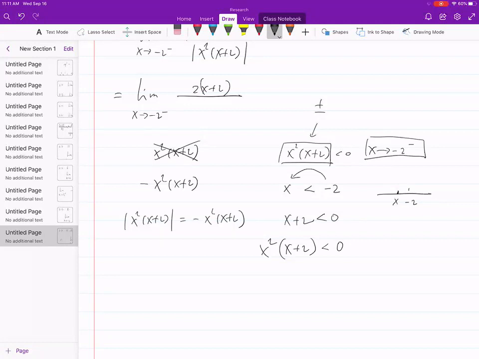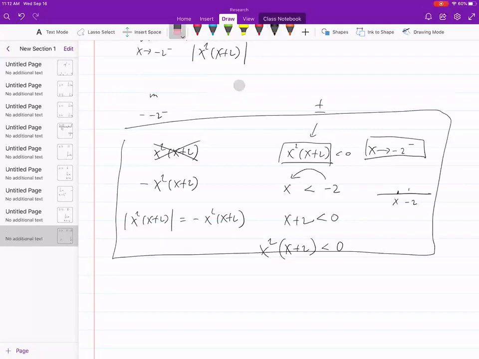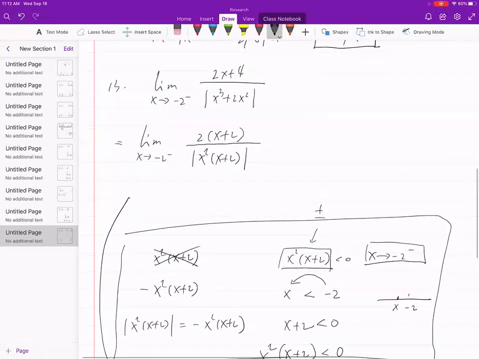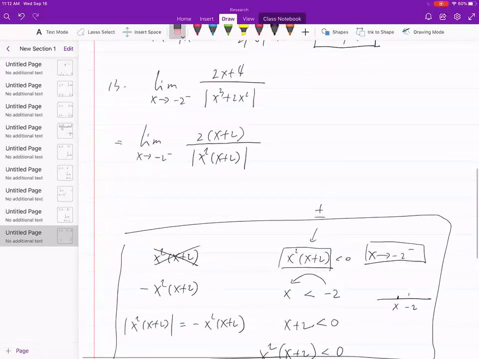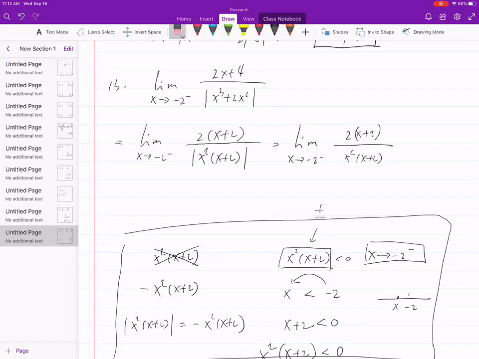It's a lot of work, but this is how I think about it. Then let's block out these side notes. What I really should do, going from here to here, is remove the bar by putting a negative sign in the front, because I know the thing inside is negative.